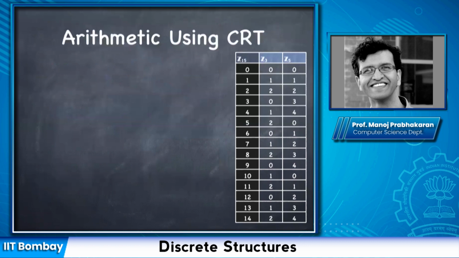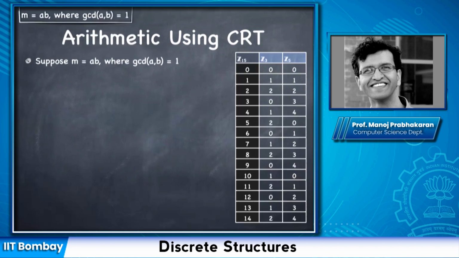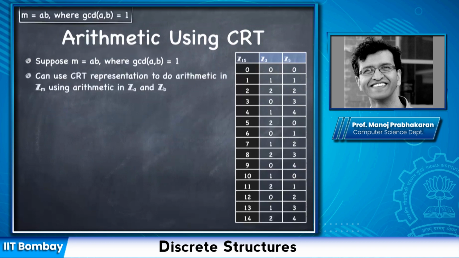All right, so what is this useful for? We'll see several uses, but let's see a couple of them right now. Let's assume we are interested in a modulus M = AB where A and B are co-prime with each other. How do I simplify the arithmetic modulo M?